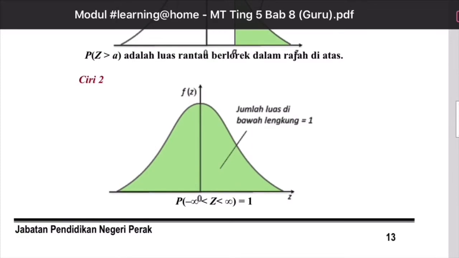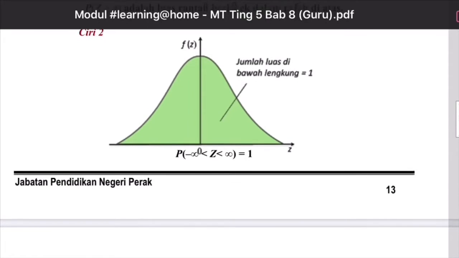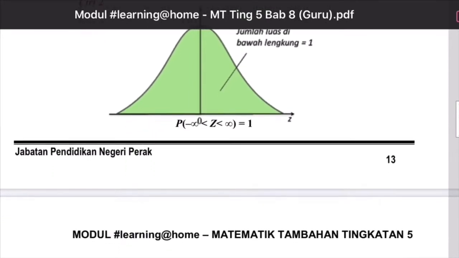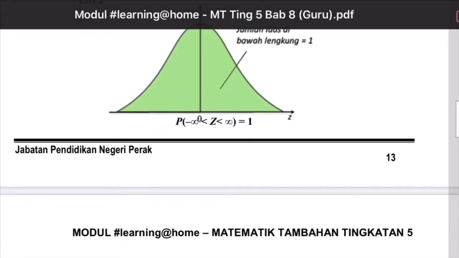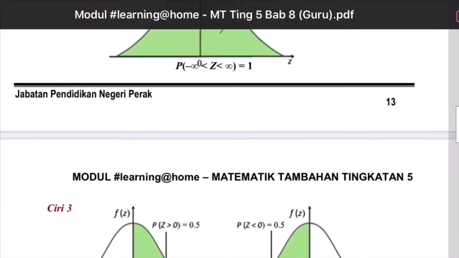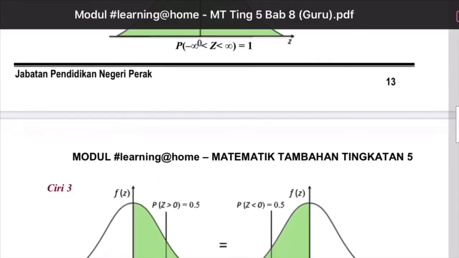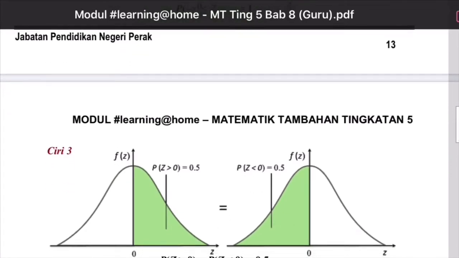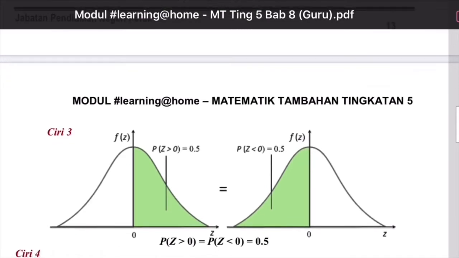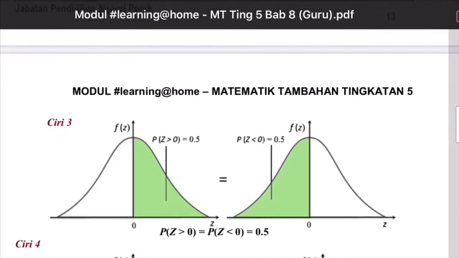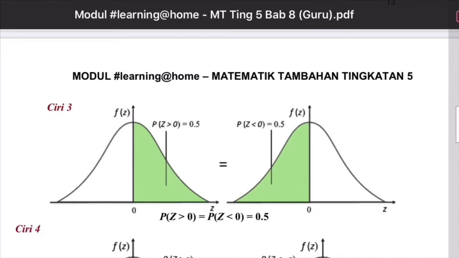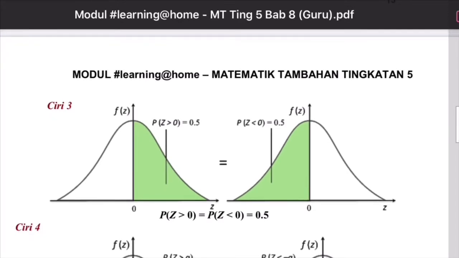A is the z-score on what we call the x-axis, but here it's the z-axis. Now, the area for one whole bell is 1, because the probability for the sample space must be equal to 1. Please remember, area for one whole bell shape must be 1. In other words, area for half of the bell will be 0.5, because you divide by 2, as it is symmetrical at x equals 0.